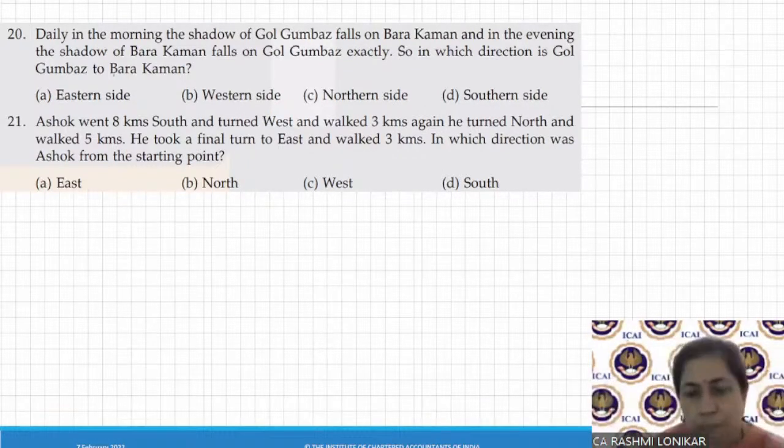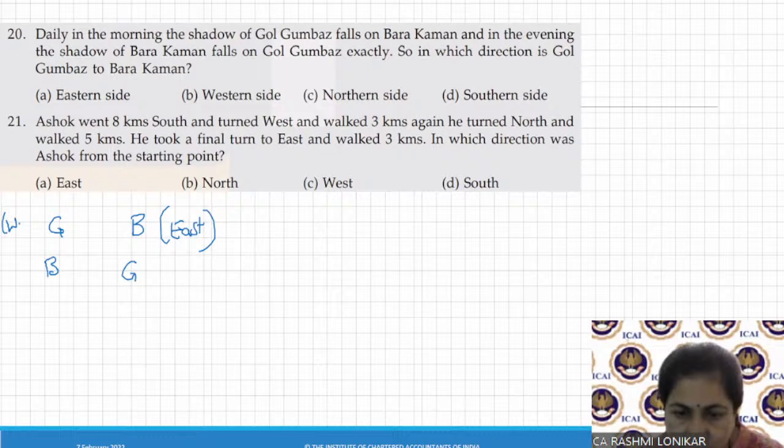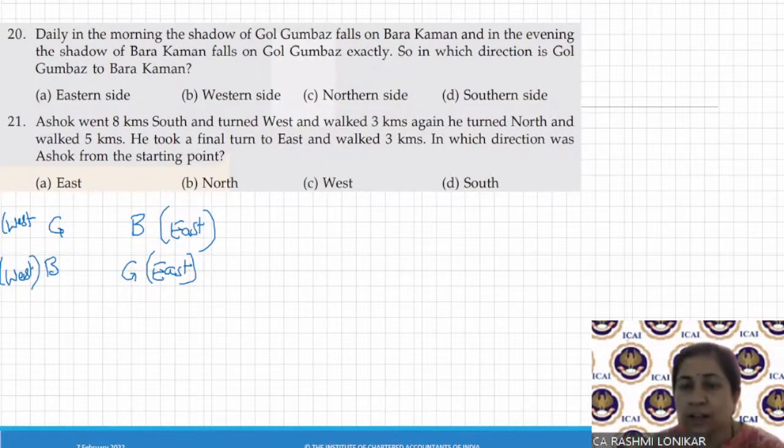Okay, so what is the possibility? Possibility is that Gol Gumbaz is here and Bara Kaman is here, or Bara Kaman is here and Gol Gumbaz is here. This is my east and this is my west. So these are the two possibilities. Now they are saying, daily in the morning, the shadow of the Gol Gumbaz falls on the Bara Kaman.